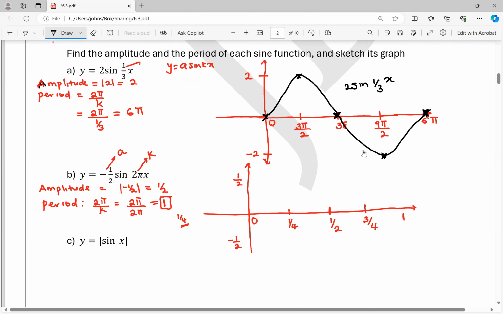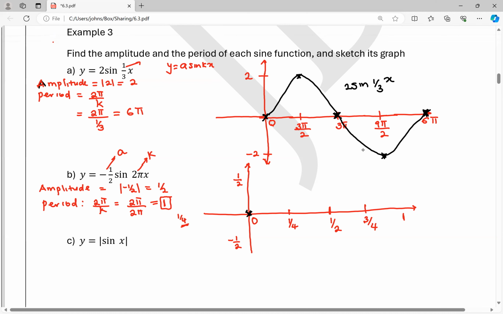This is still a sine graph, so we'll start from 0, 0. Another interesting thing is that here there is a minus. So usually when we start from 0, 0 and go from left to right, we're supposed to go to the highest value, which is half. But now because of that minus, we go to the lowest value, which is minus half. And then you continue the same pattern.